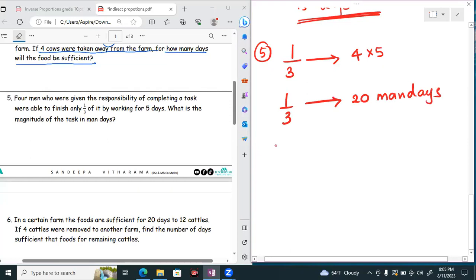Then to find 3 out of 3, that means 1, you have to multiply this side by 3. Then this is also multiplied by 3. Then the answer is 60 man days.